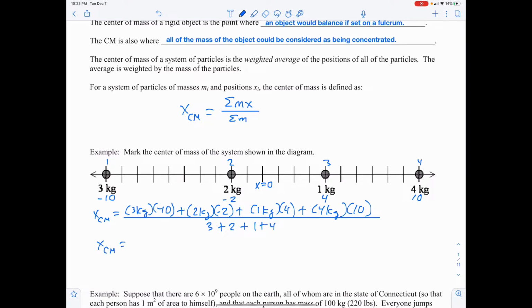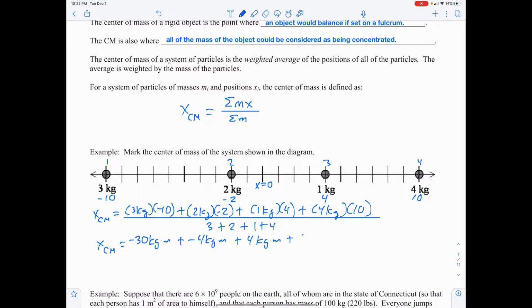Okay, let's break this down. The first part is going to be -30 kilograms times meters, plus a -4, so plus a -4 kilogram meters, plus 4 kilogram meters, right? 1 times 4 is 4.